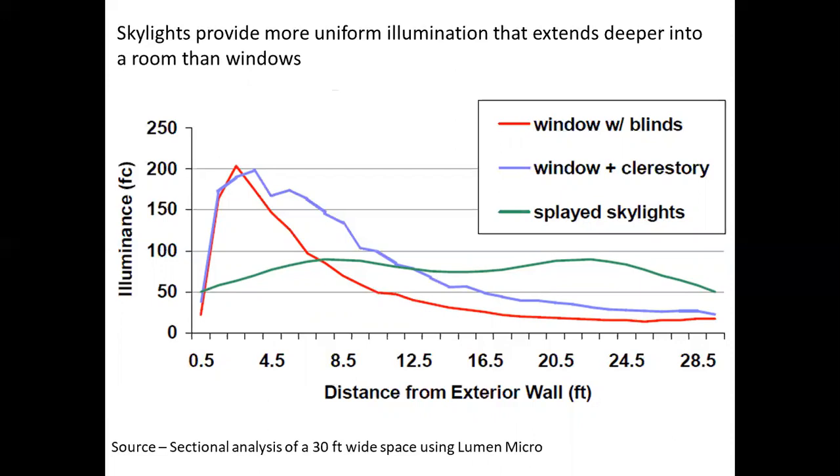The first line we'll look at is the red line, which shows a window with or without blinds.